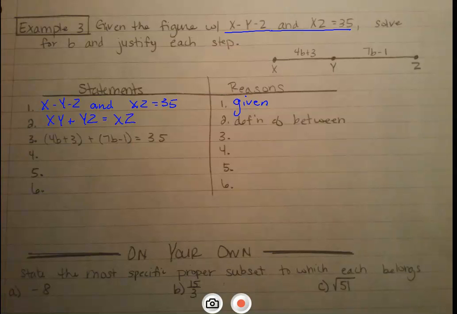We take xy and yz and add them together, and it gives us the total of xz, which makes sense. Because you have to remember that this notation, x dash y dash z, is notation we use for betweenness, or when they're between each other. So we're pulling from chapter 1, that betweenness.